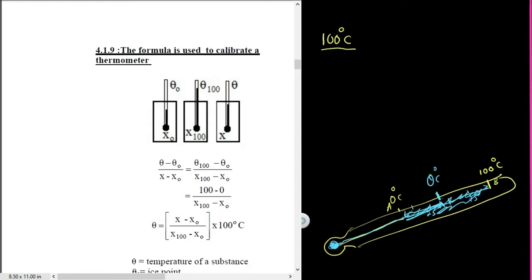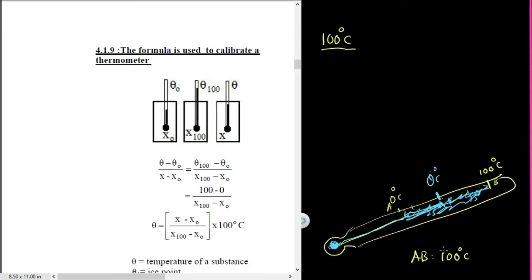That means we need to measure this length from A to B.